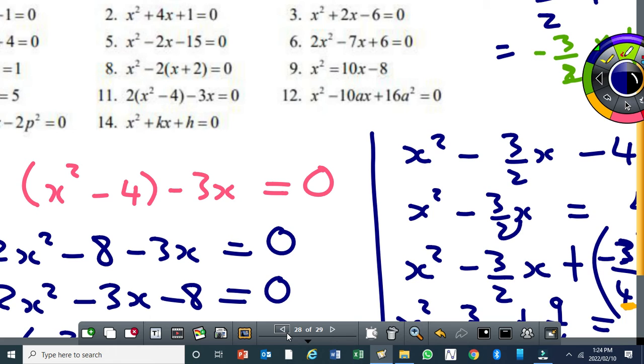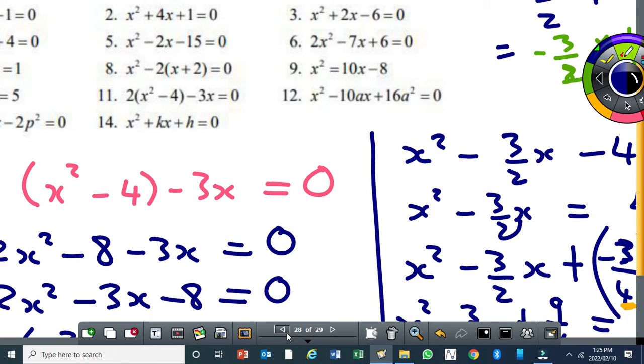So I have a question. What did you do to the 9 over 16 on the left hand side to get it here? You just factorize. Remember, I said you want to get your trinomial on the left, right? Half of the coefficient of x must be part of your binomial. That's all. Then you put x there. So you see that x minus 3 over 4.